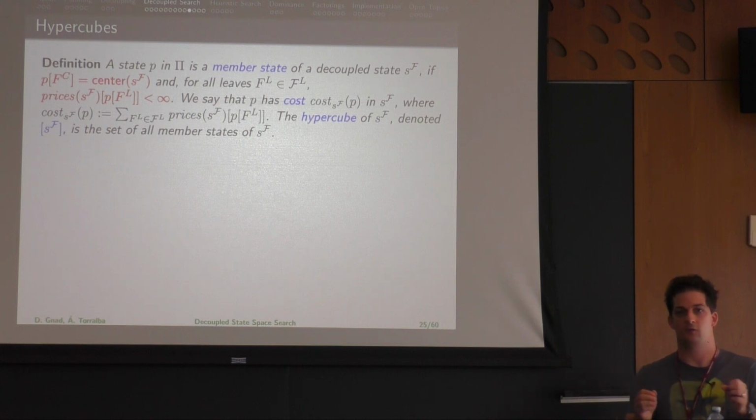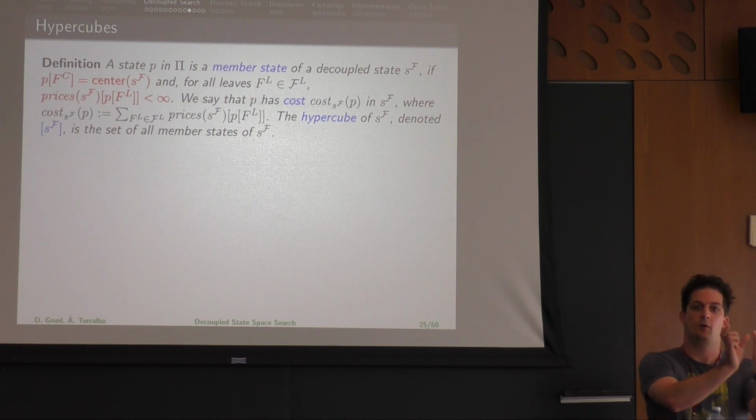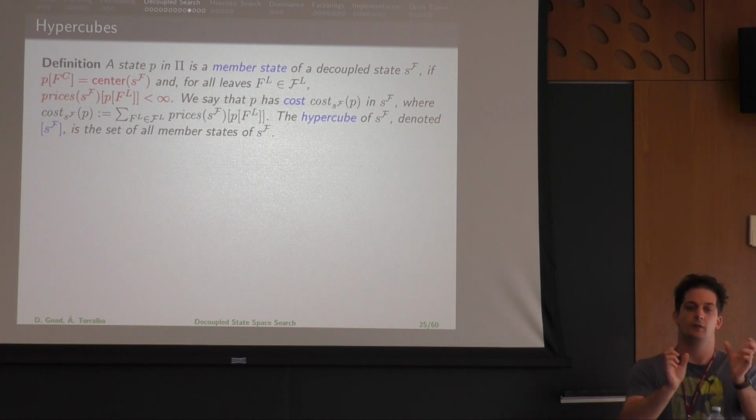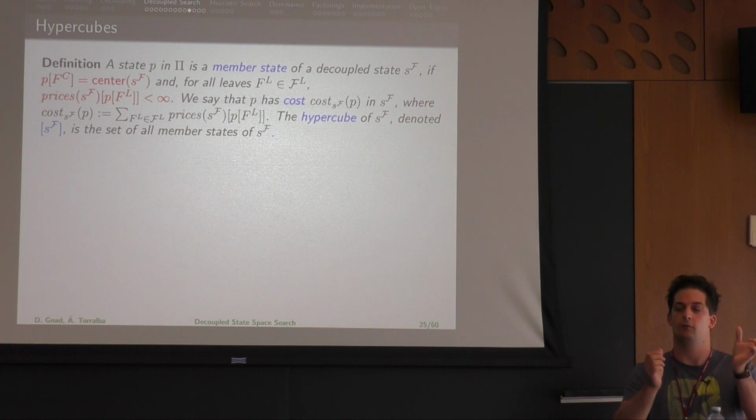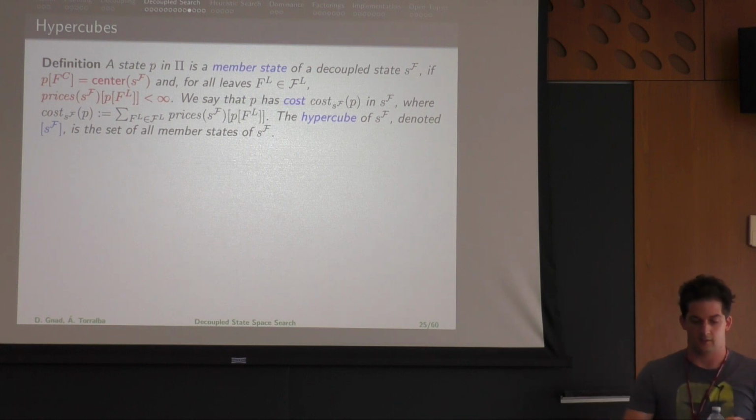So basically P consists of the center state of SF plus all possible combinations of reached leaf states, so of leaf states with finite price in the pricing function. And we call the hypercube of SF the set of all member states of SF. And we denote this by this bracket.